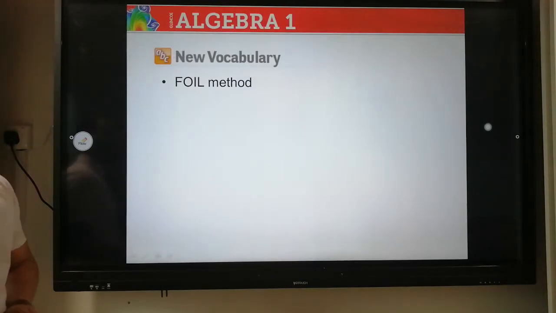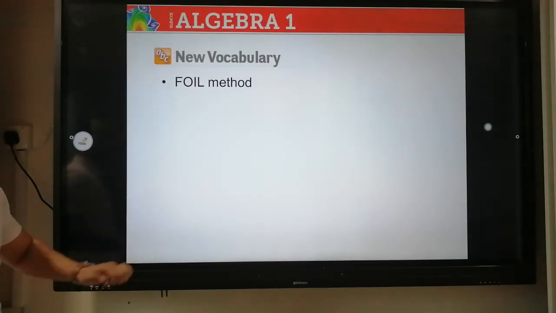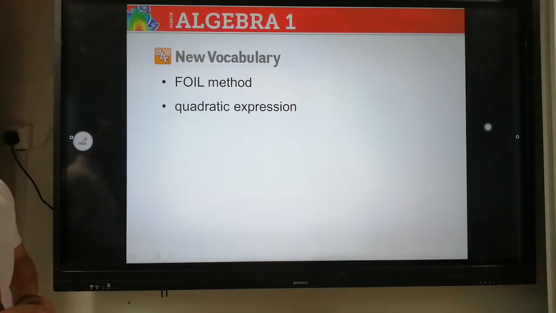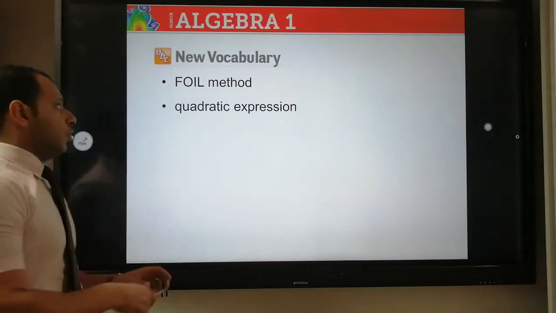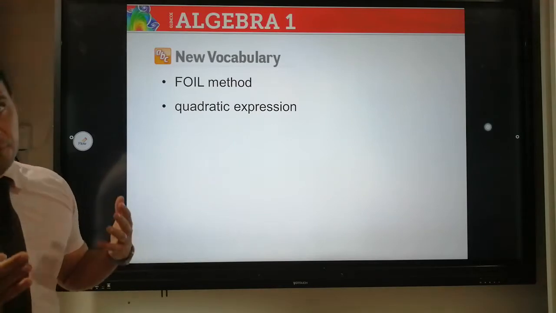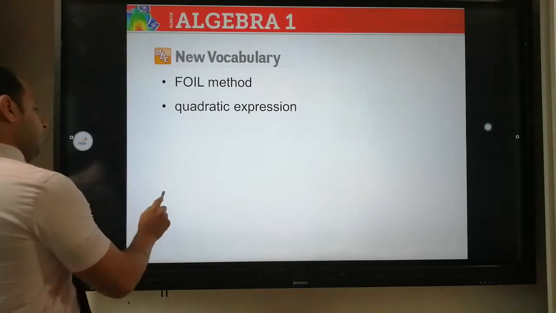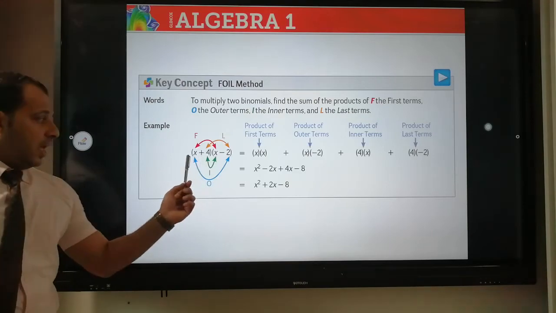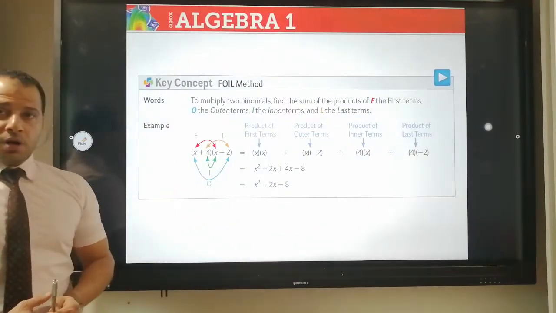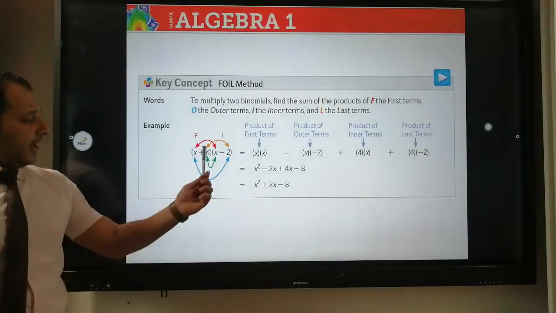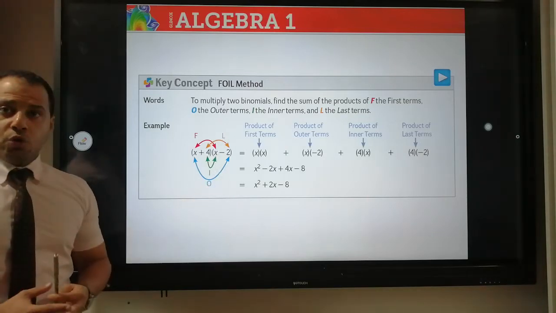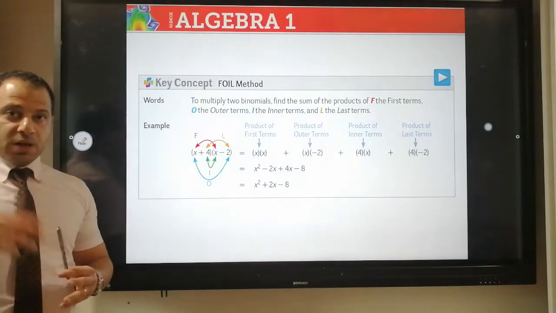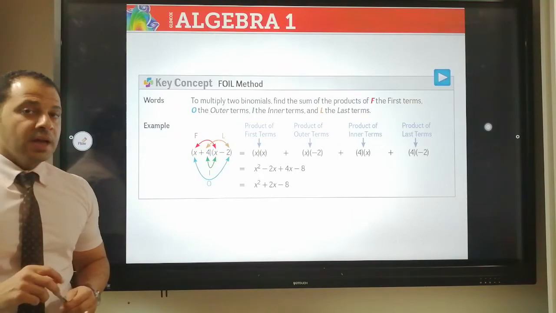The new vocab: the FOIL method and quadratic expression. What is the FOIL method? If we have a problem like this, I need to multiply x plus 4, it's a binomial, and x minus 2, it's also a binomial. Each consists of 2 terms.